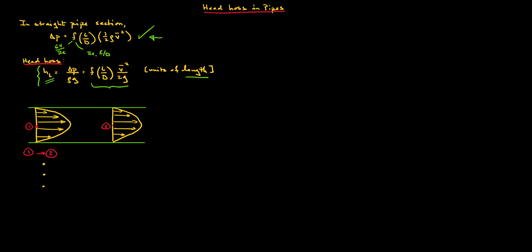Let's consider a section of pipe. We're going to consider a streamline going from point 1 to point 2. Now what is happening between point 1 and point 2? We know that the velocity stays the same.